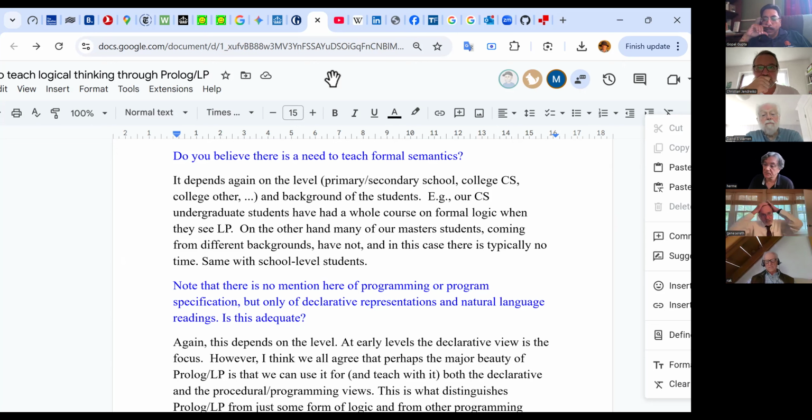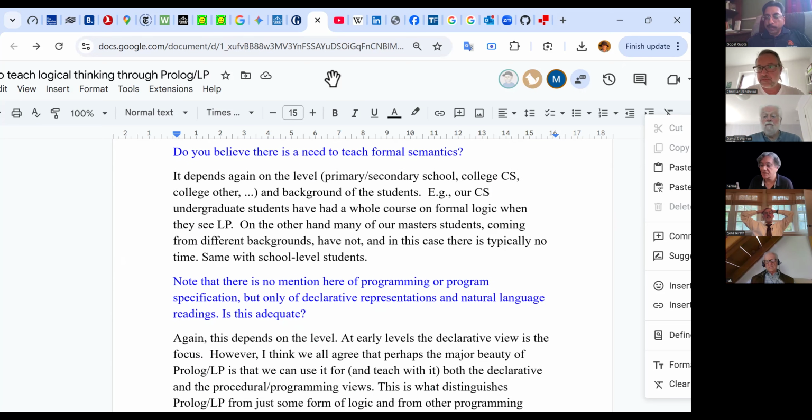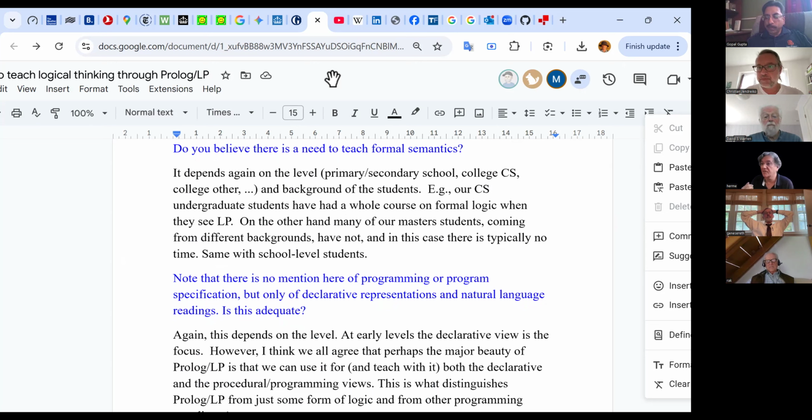So they know all this when we get to LP, and we can build on this and then teach that you can also do real programming here, algorithms and so on. On the other hand, some of our master students that come from very different backgrounds have not. Sometimes, we have a master's in AI, for example, where we get students that have not seen formal logic before. So then you need adaptation.